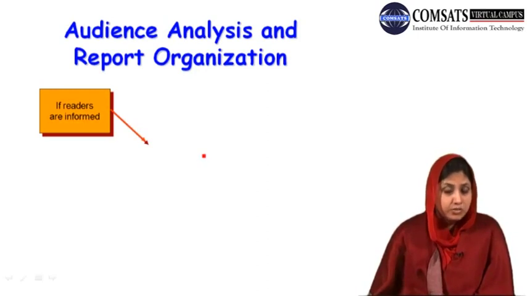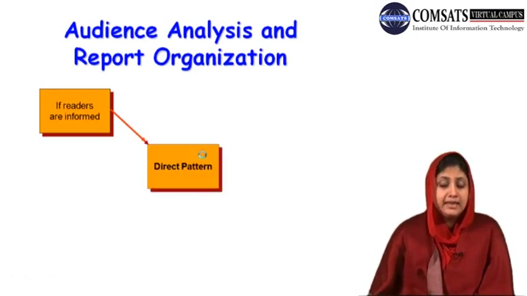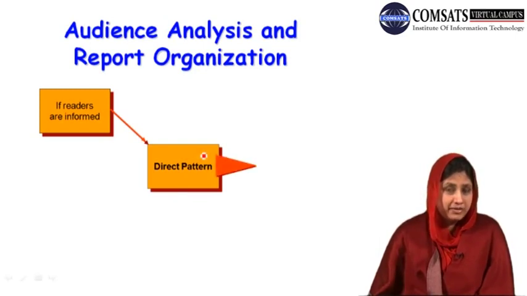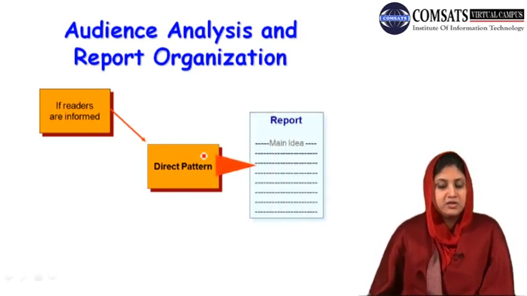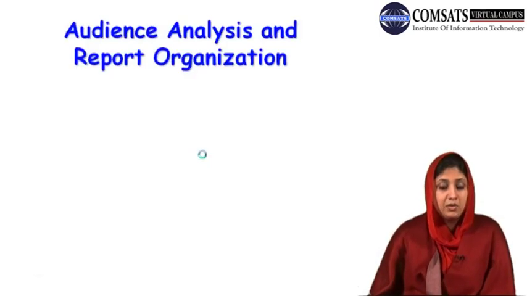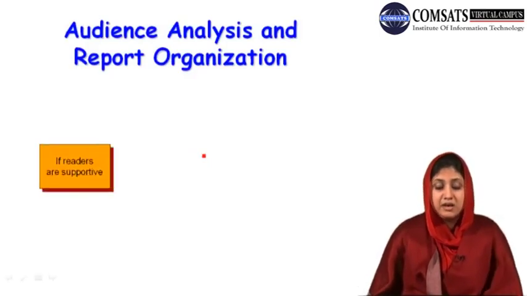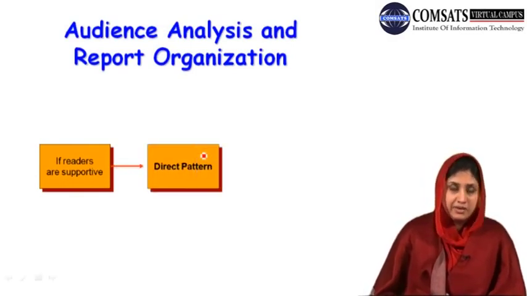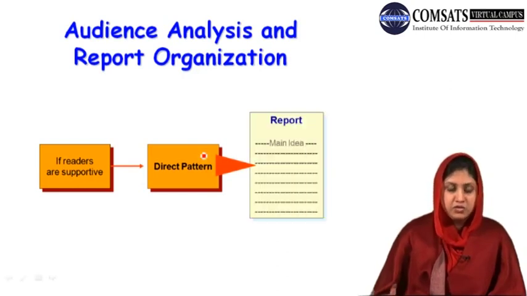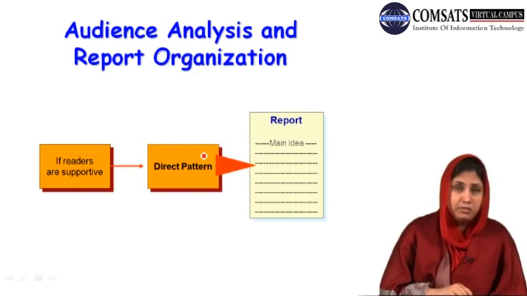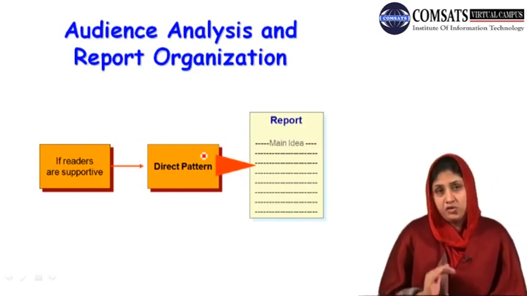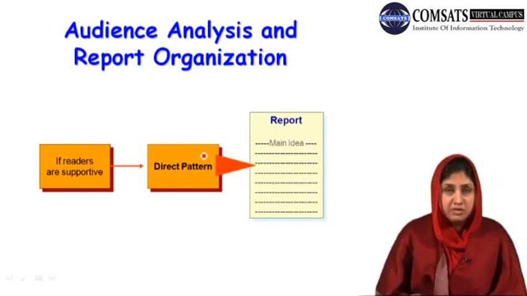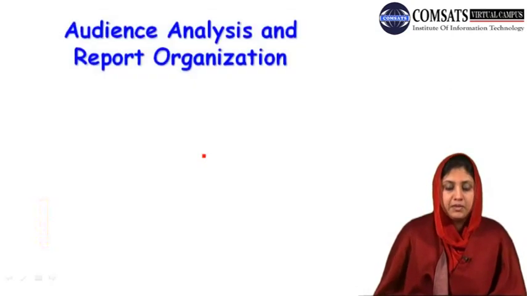If readers are informed, then you can use a direct pattern of information, and you start with the main idea. Likewise, if your readers are supportive, you can use a direct pattern, and this will lead to the main idea.